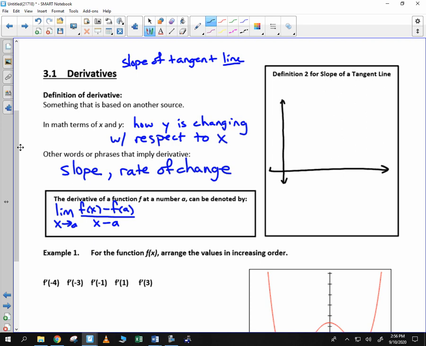Suppose we have a curve, and you want to be able to find the slope of a line tangent at a value of x, we'll say. That would make the y value f of x if this is your function f.